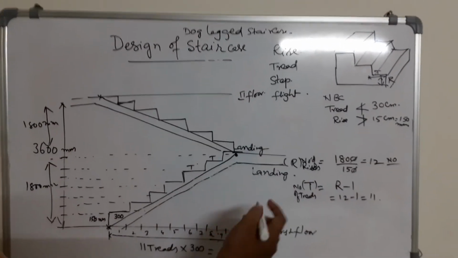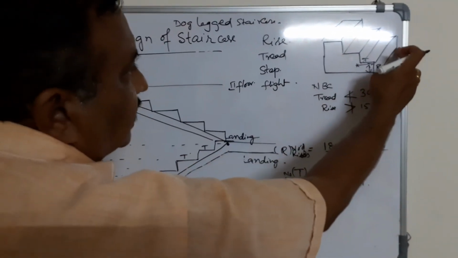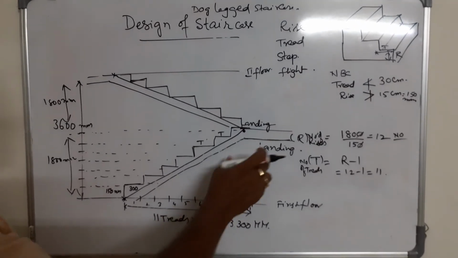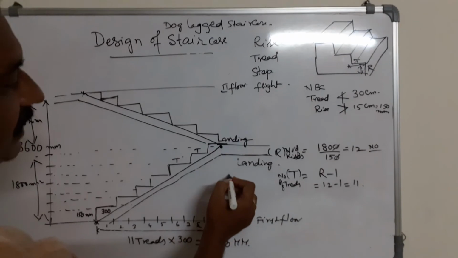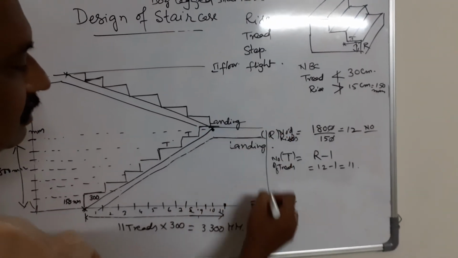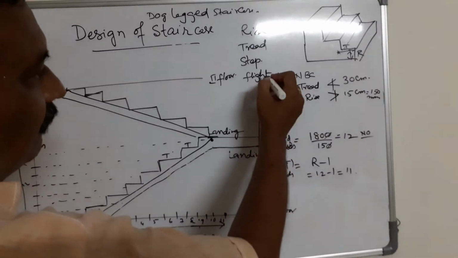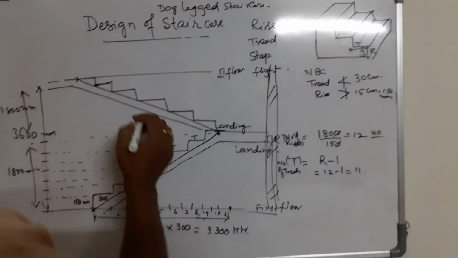Always the landing width should not be less than the width of the step. Suppose the width of the step is 1 meter. The landing which you are going to provide should also have 1 meter or more than 1 meter. And this is the wall which is supporting the slab.